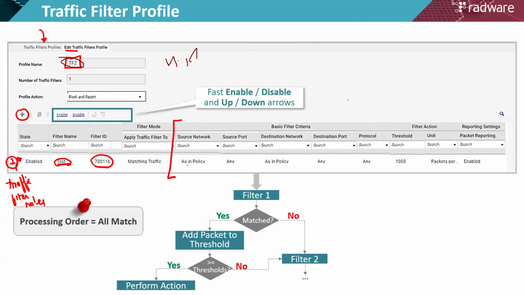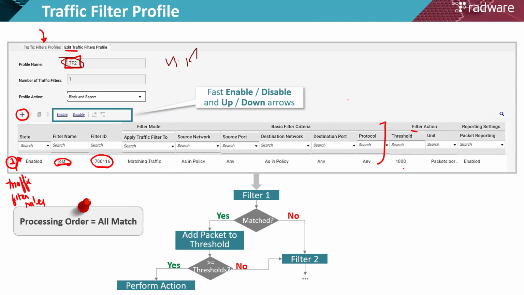You can define other things as well. You can define a certain source network or a certain destination. Source port could be different, destination port could be different, even the protocol could be different. It depends on what you need to filter out, or which traffic you need to classify. Based on that, the traffic filter will take the decision.